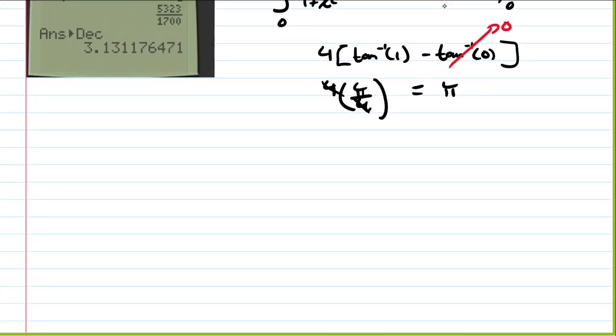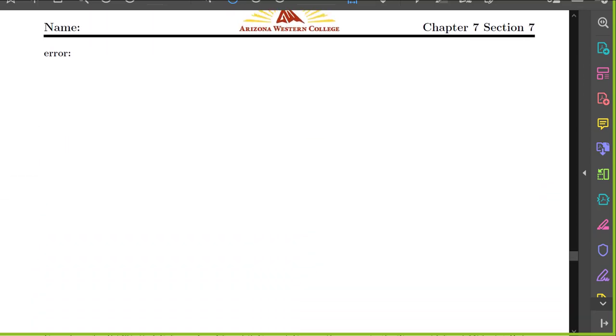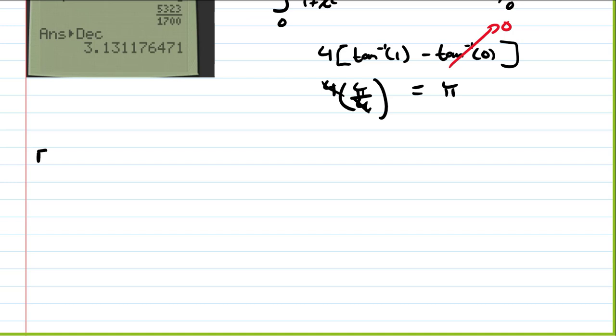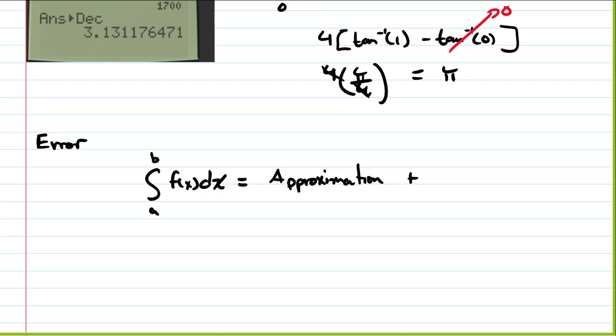All right, so moving into our next thing, what we want to talk about is error. If we have the integral from a to b of f of x dx, we can think of this integral in terms of the approximation plus the error.